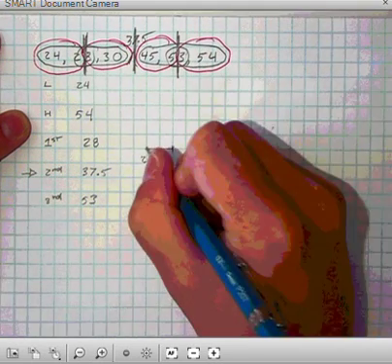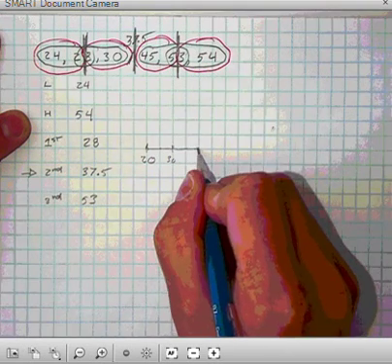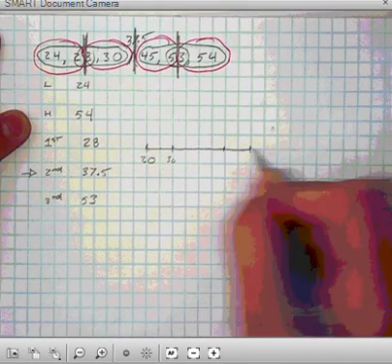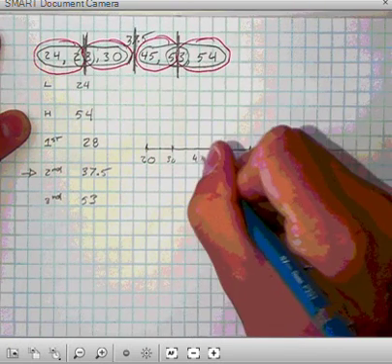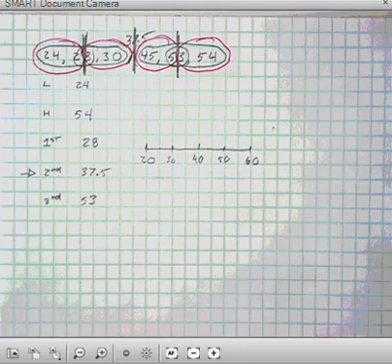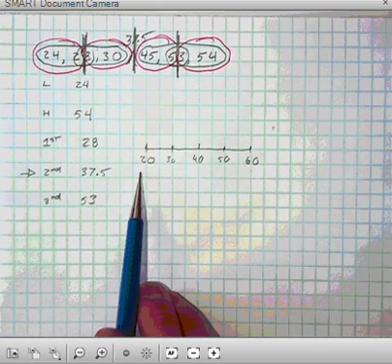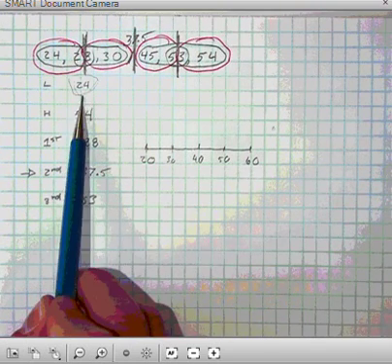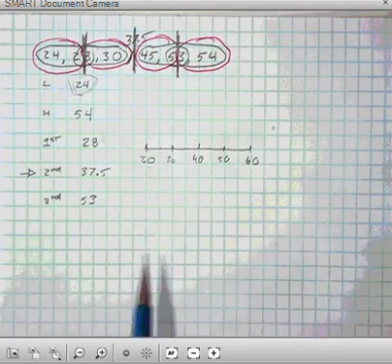I'm going to go up by 5: 20, 25, 30, 35, 40, 45, 50, 55, 60. So there's my number line. Notice I didn't start at 0. You don't have to start at 0. The lowest number we have to graph is 24, so 20 should be fine.